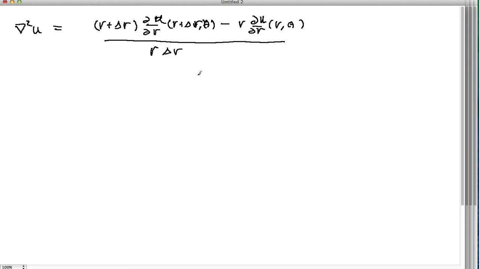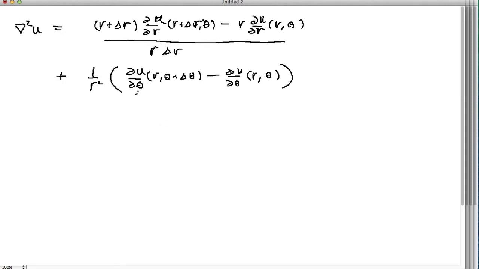All right, and then in addition to that, we also have 1 over r squared times the partial with respect to u of theta evaluated at r and theta plus delta theta minus the partial of u with respect to theta evaluated r theta, all divided by delta theta.